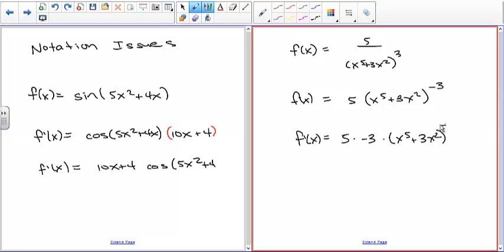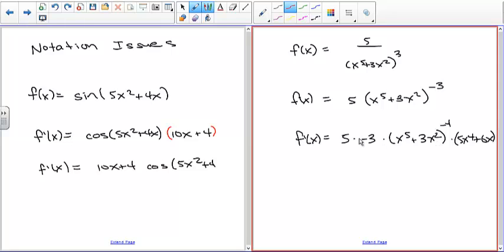You'd reduce the exponent by 1, and then you'd multiply by the derivative of what's in here, 5x to the 4th plus 6x. Again, notice I put the parentheses here so that I know I'm multiplying the whole thing.